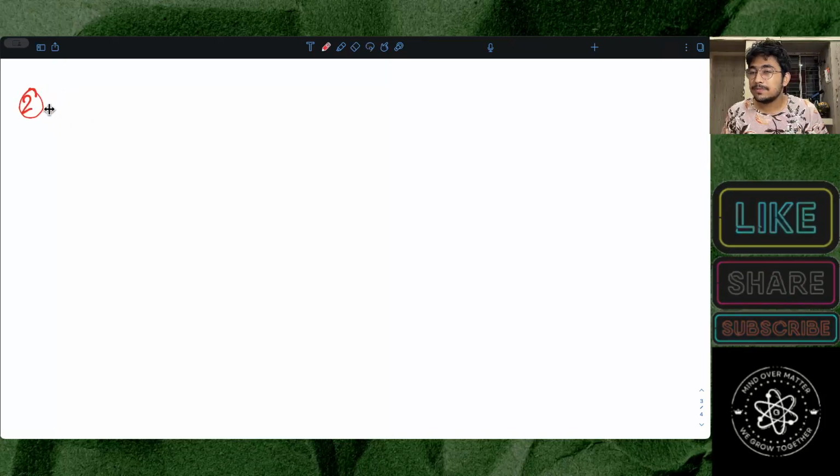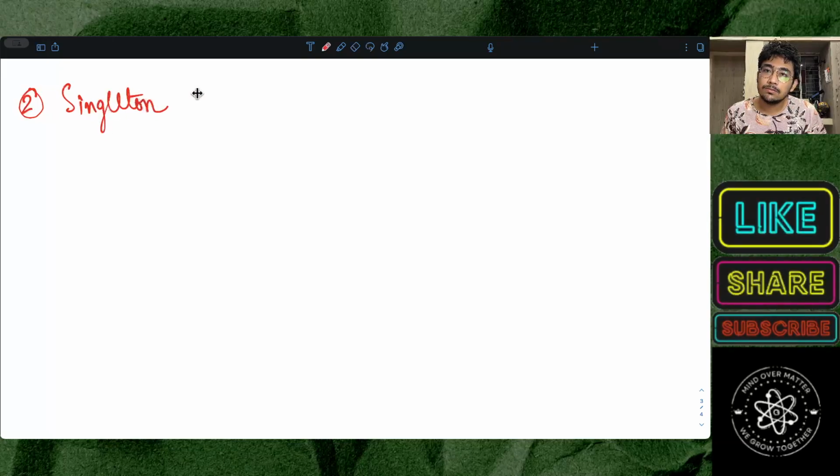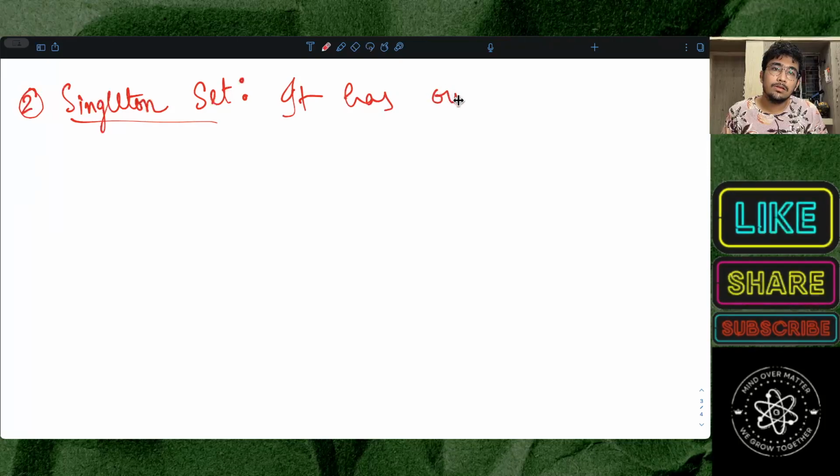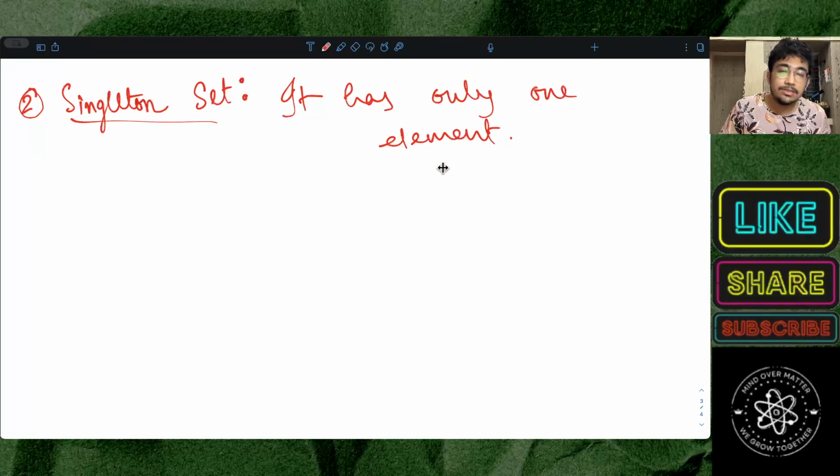The second type of set is a singleton set. What is a singleton set? It has only one element. If a set has only one element, then we can call it a singleton set.